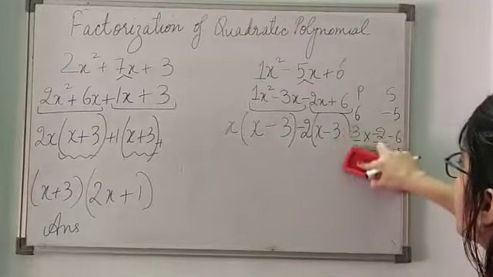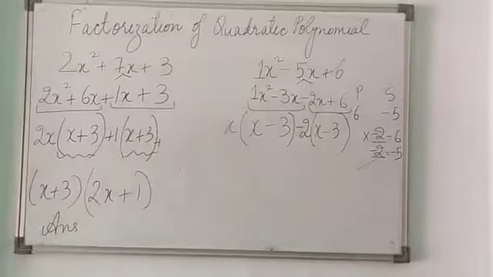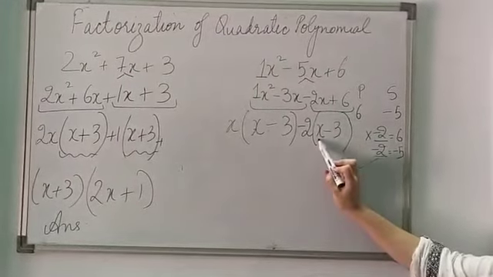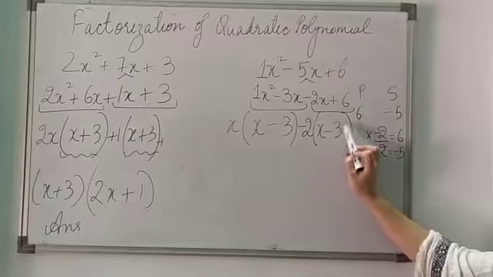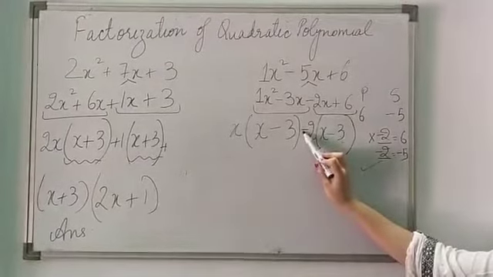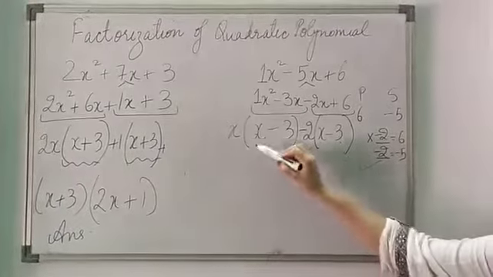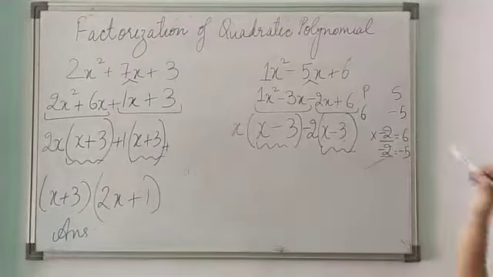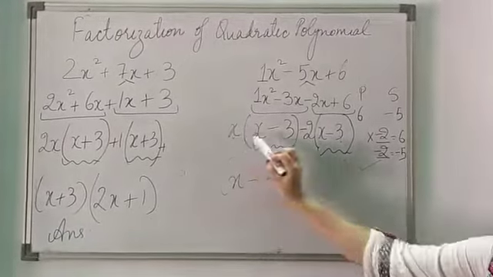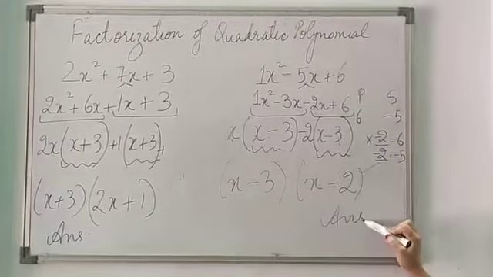Let me just correct it. Okay, now it's visible. So minus 2 I will take out common, then it will become x. As it is you will copy down, then 2 threes are 6, so 3 I will write down, and as I have taken negative common, that's why this plus will become minus. Now you can observe x minus 3 this side, x minus 3 this side, so you will write down x minus 3 once, and the remaining one is your x minus 2. That is your required answer.